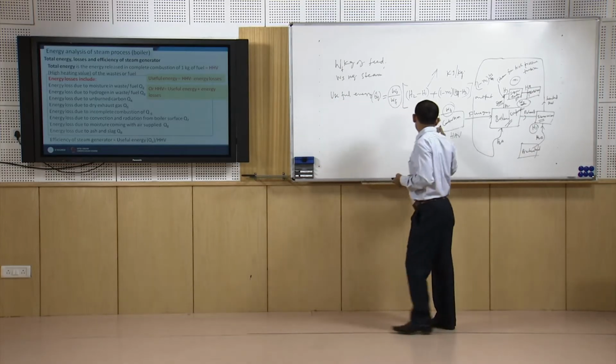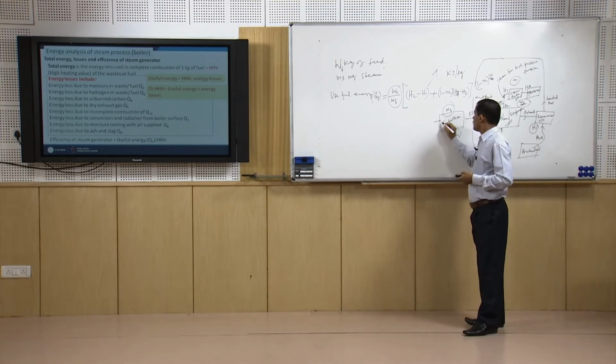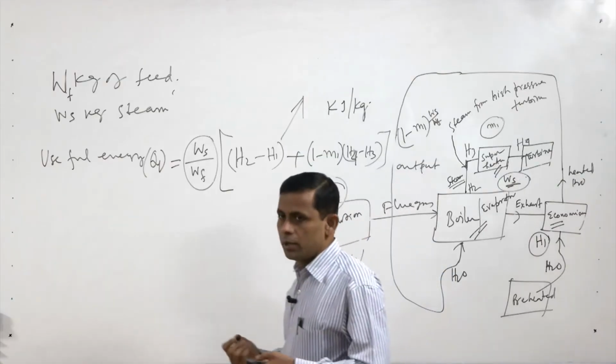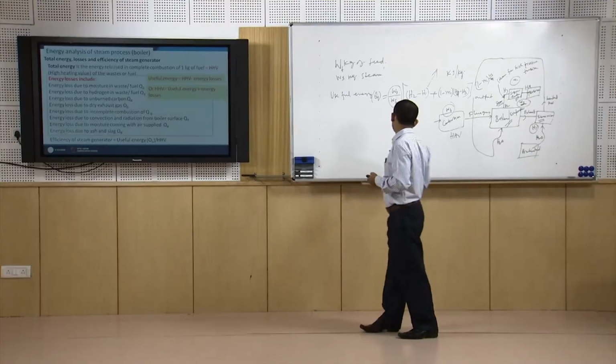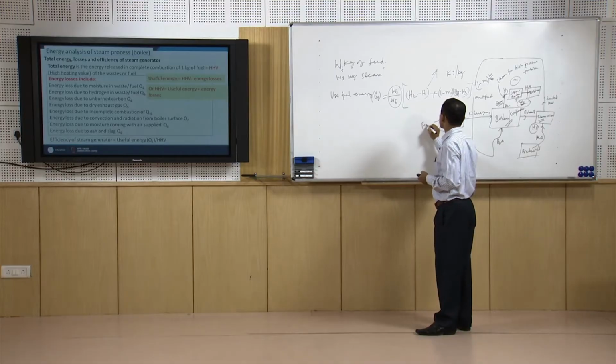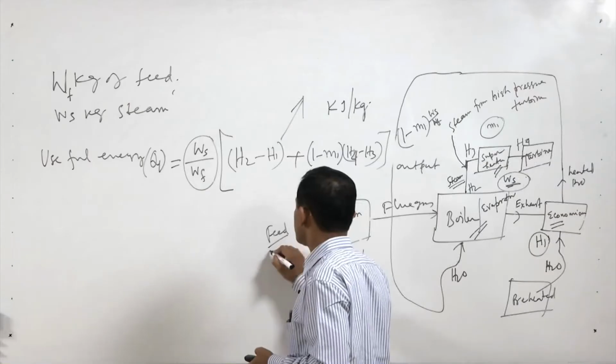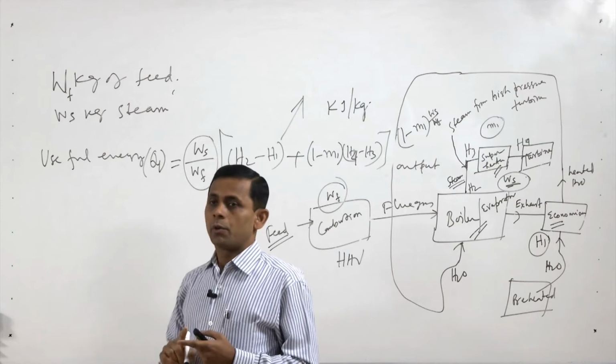The first loss we can get here is if moisture is present in the feedstock, if the feedstock which you are using has some moisture or water.